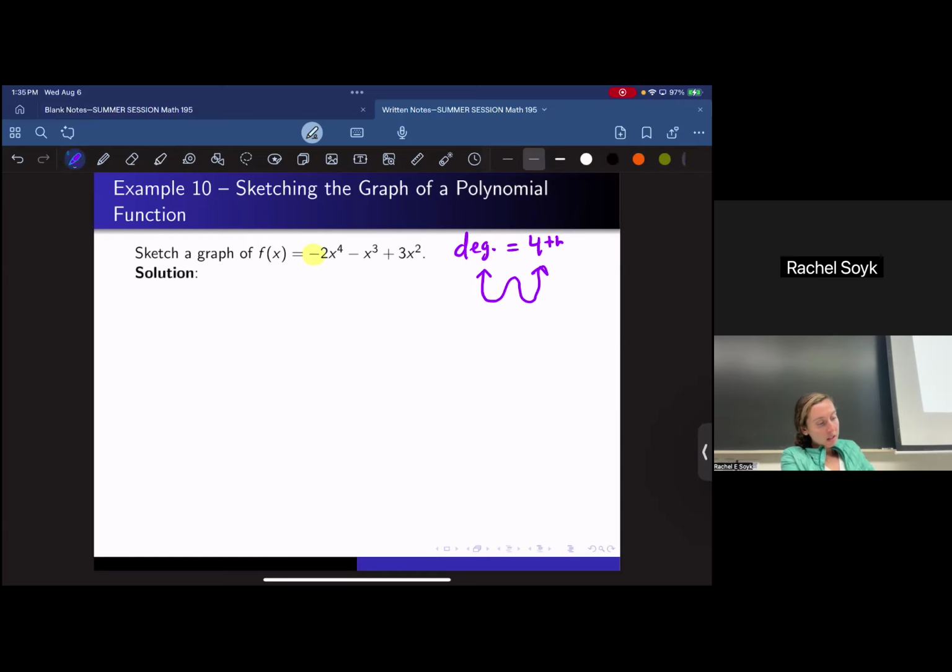So this is a version of x to the fourth, whereas negative x to the fourth is going to be reflected across our x-axis. It's going to look something like that. And that will very clearly give you your end behaviors for this function. So as x shoots to negative infinity, y shoots to negative infinity. As x shoots to positive infinity, y continues to shoot to negative infinity.